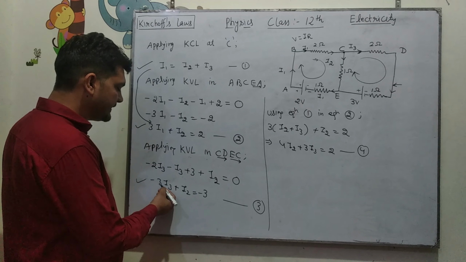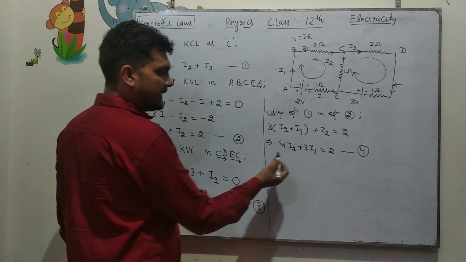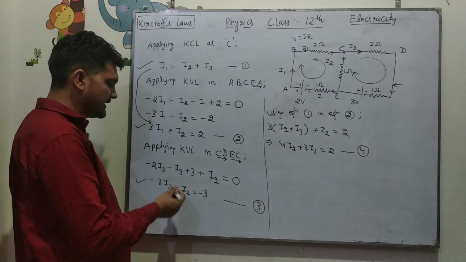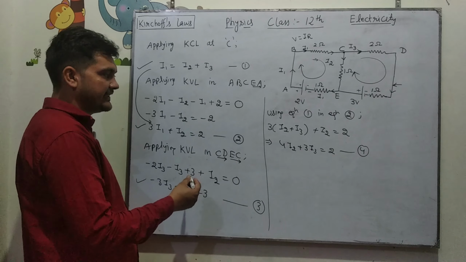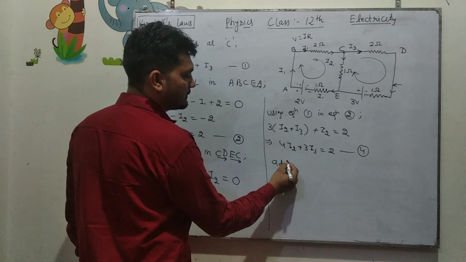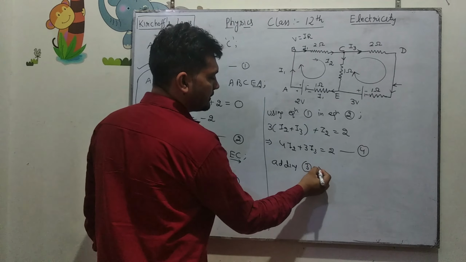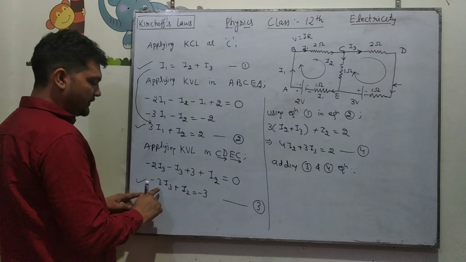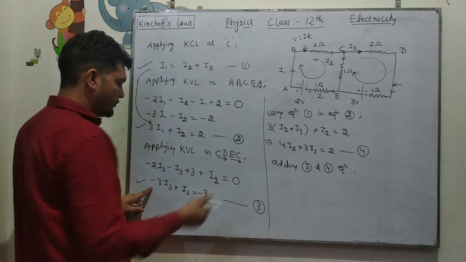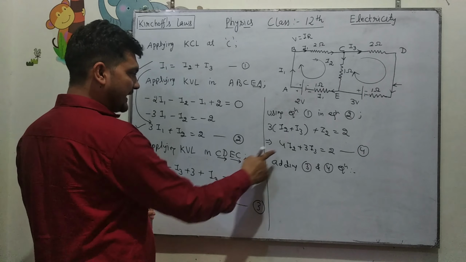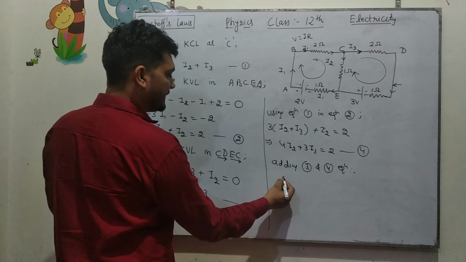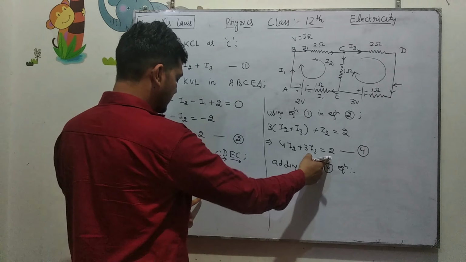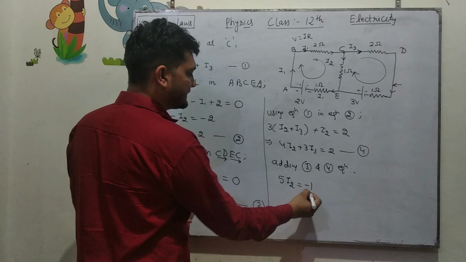The coefficient of I3 is minus 3 in this equation and plus 3 in this equation. So if I simply add these 2 equations, then I can eliminate I3 here. So adding the third and fourth equations, on the left hand side we get 4I2 plus I2, which is 5I2, and on the right hand side we get 2 minus 3, which is minus 1.